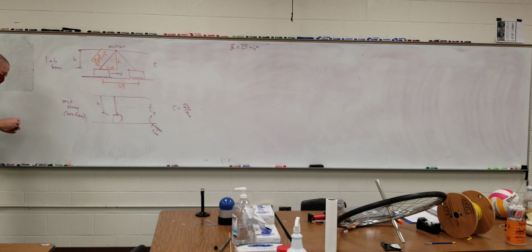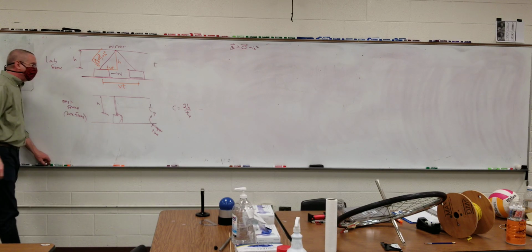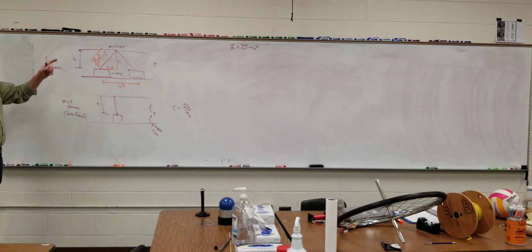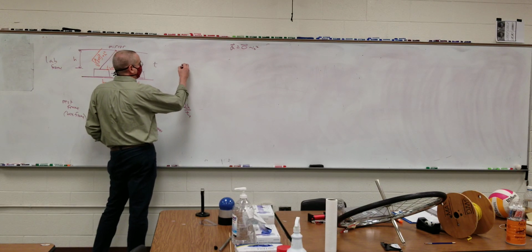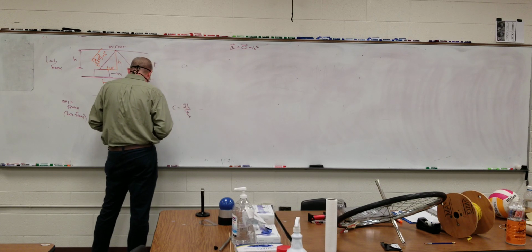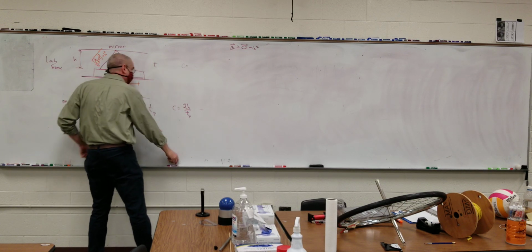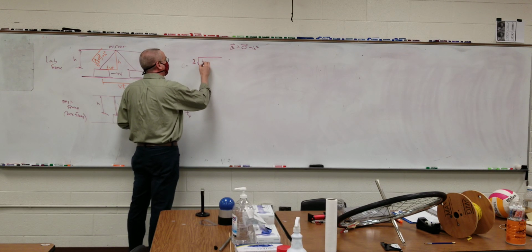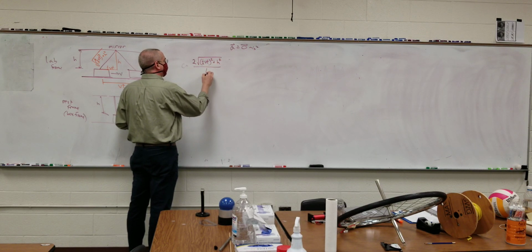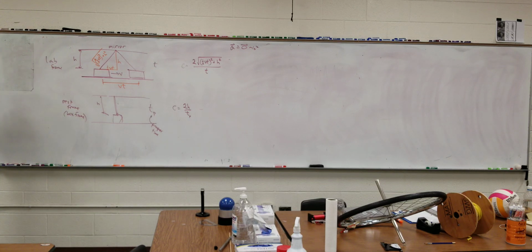So therefore, what is the distance traveled? It's 2 times the square root of (1/2 vt) squared plus h squared, divided by 2.